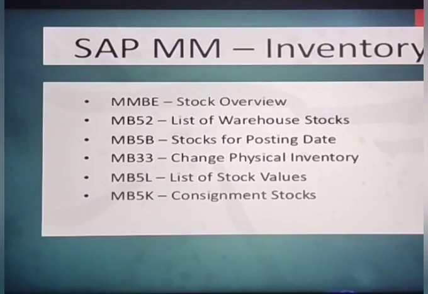As I said in the former slide, to change the physical inventory we can also use the T code MB33. The next is to view the stock values that is MB5L, and to see only the consignment stock that is MB5K. K again represents consignment.